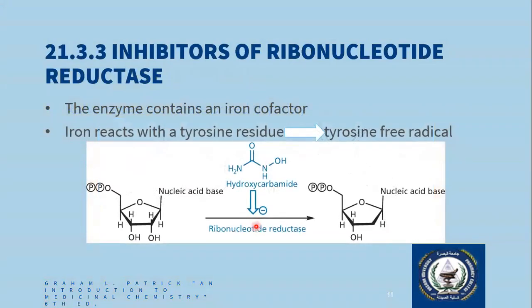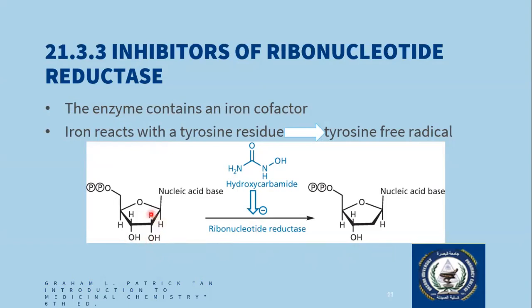All right, we talked about the thymidylate synthase. Another enzyme which is important in DNA and RNA synthesis is the ribonucleotide reductase, which is essential for DNA synthesis. Why? Because it converts the ribonucleosides to the deoxyribonucleosides.